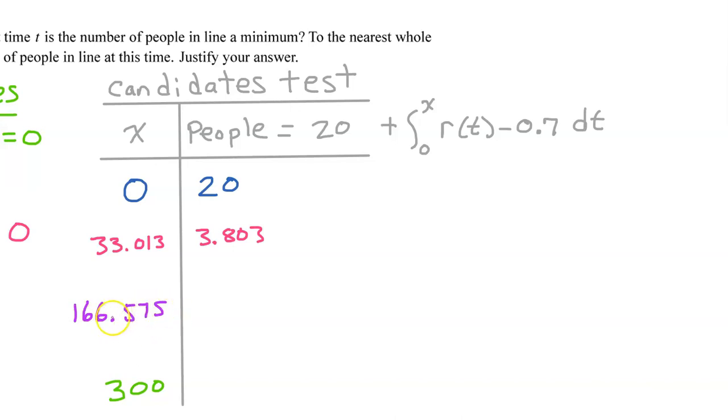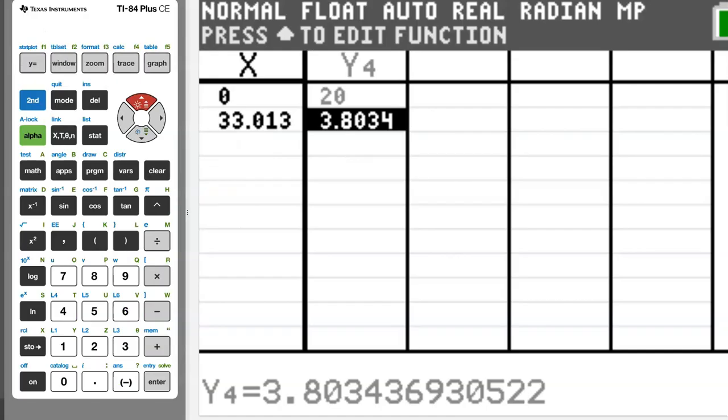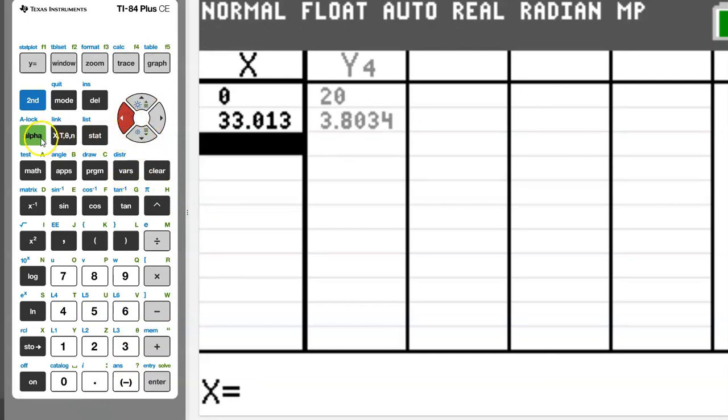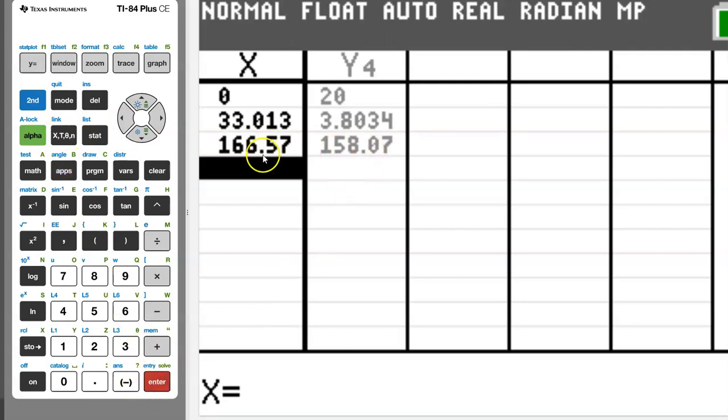166.575. If you wanted to risk it, you could type this in. You might get away with it, but it is safer to remember that we typed the entire decimal into letter B. So I can just go down and put in letter B, alpha B. So I have 158.07.